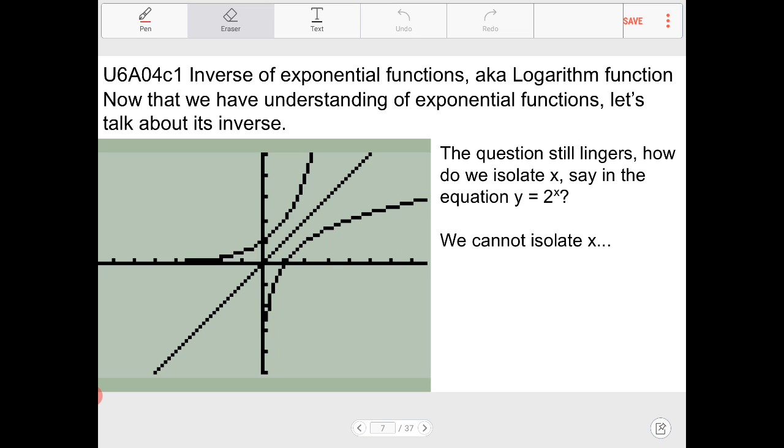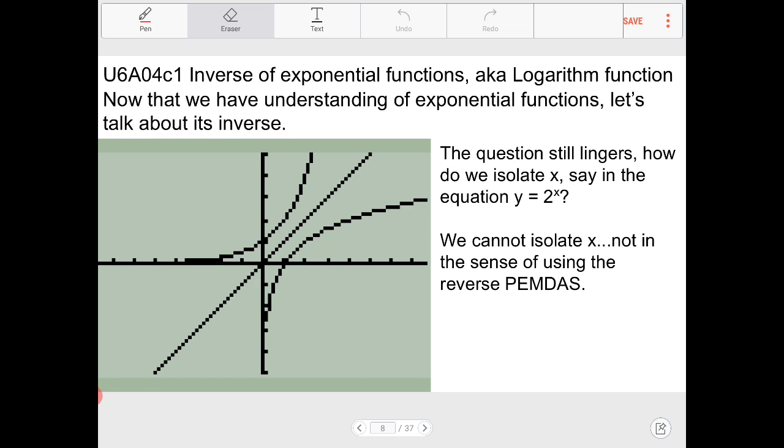We cannot isolate x by performing reverse PEMDAS. There's nothing that we can divide, multiply, add, subtract, or raise either side by, any particular power, to try and isolate x.